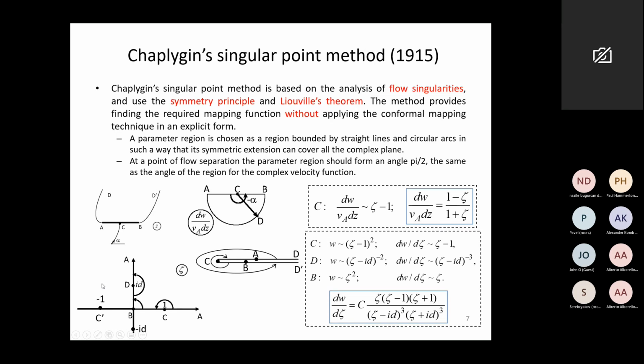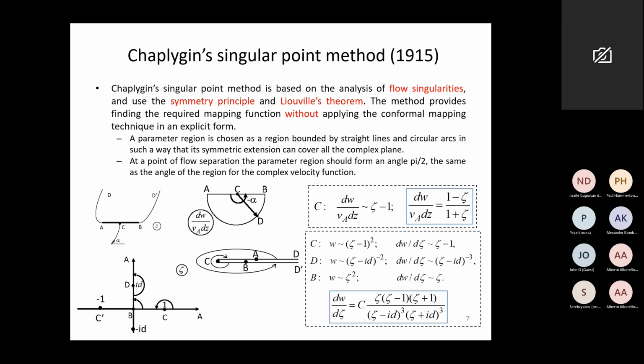So the Chaplygin singular point method, you can see it's more than 100 years old. This special point method is based on the analysis of singularities and the use of the symmetry principle and the Liouville theorem. The method provides finding the required mapping function without applying the conformal mapping technique in explicit form.